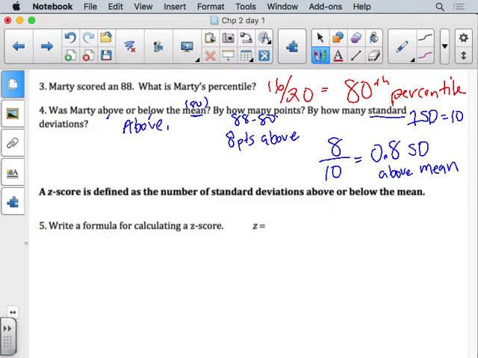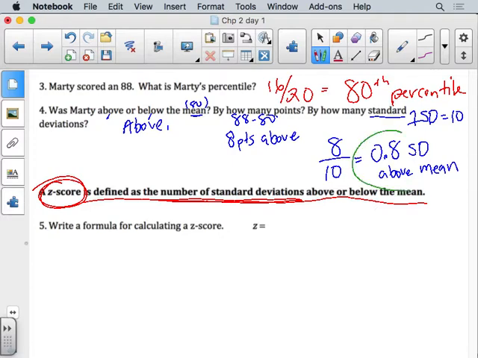Okay, so here's this idea of a z-score. A z-score, which is our important thing, is defined as the number of standard deviations you are above or below the mean. So your z-score is how many standard deviations you were above or below the mean. On this problem, when Marty was 0.8 standard deviations above the mean, I'm going to say he had a z-score.